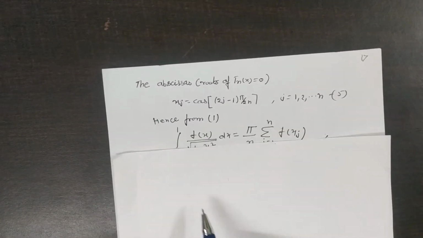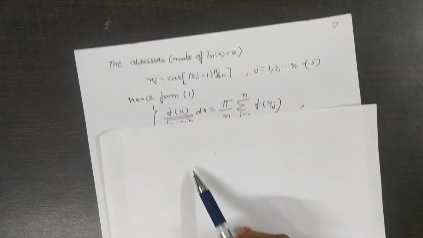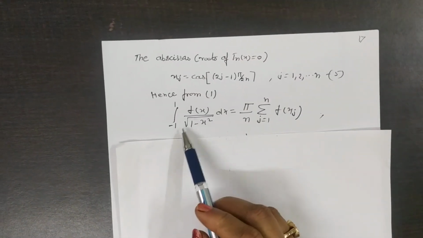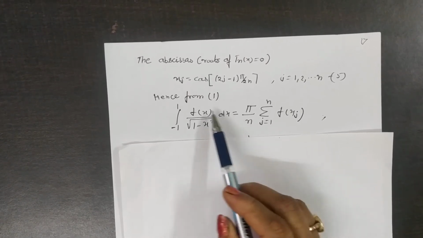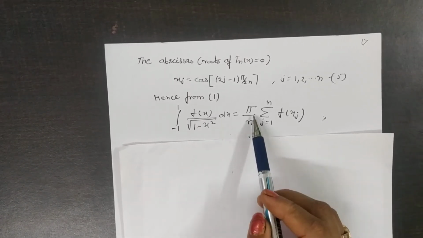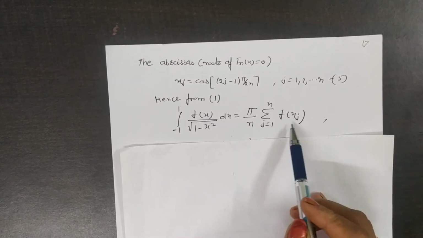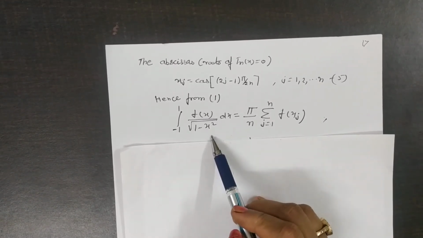Hence from equation number 1, the integral from -1 to 1 of f(x) divided by the square root of 1 minus x squared dx, substituting these values, becomes the sum of pi by n times f(xj), which we have solved earlier.